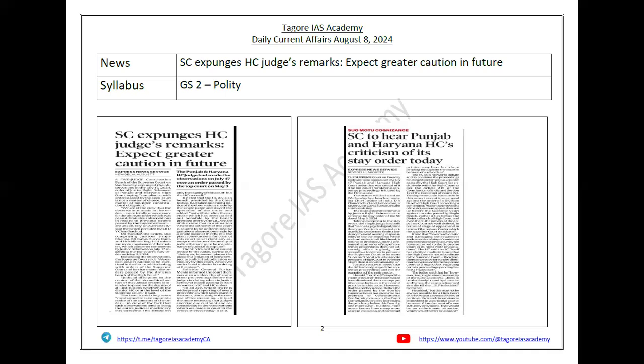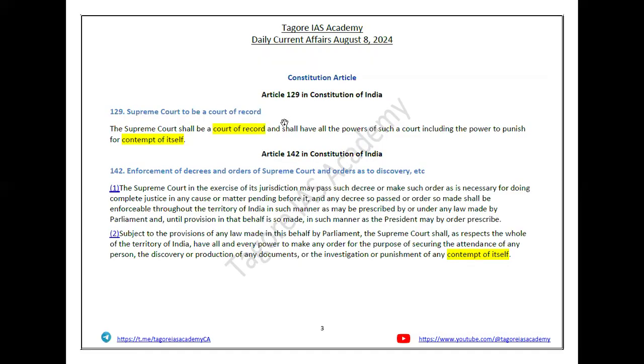Now, what is important for us over here is to understand what the contempt proceedings are. मेंस में क्वेश्चन आने का इसमें थोड़ा डिफिकल्ट है. However, in prelims, it may very well be asked. So there are three articles which relate to the contempt proceedings.